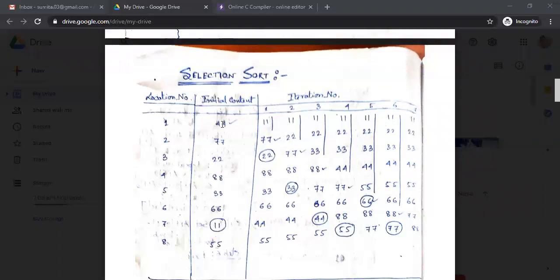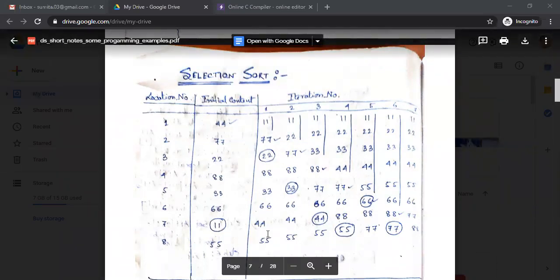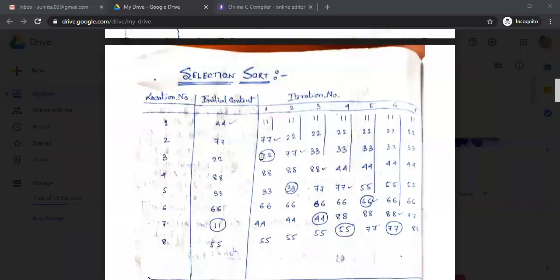But after iteration 1, that part is already arranged, so we are not bothered about it. I am taking the ARR1 value and checking the smallest element of this part, 22 to 55. We see that 22 is the smallest one in this set of elements.